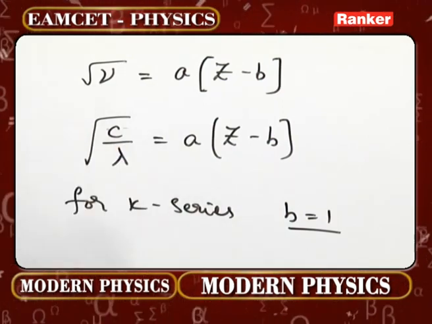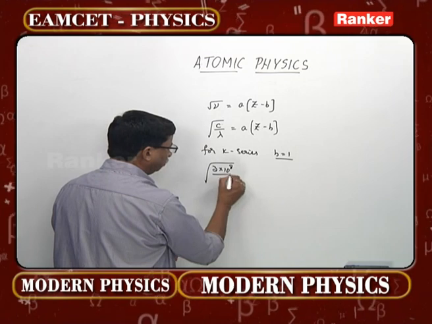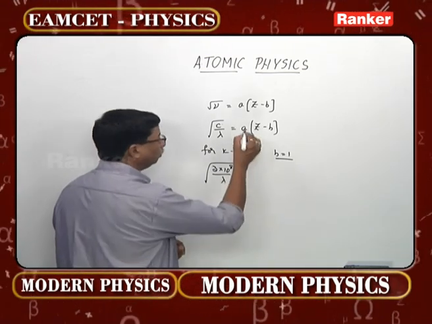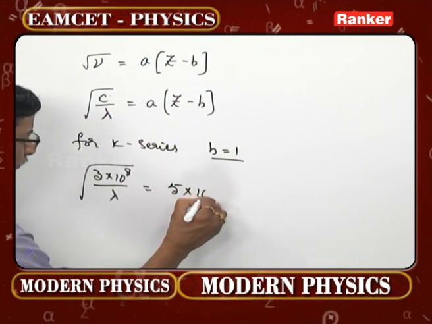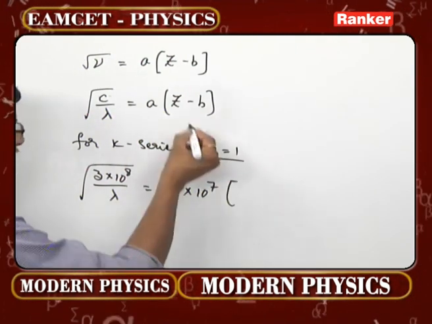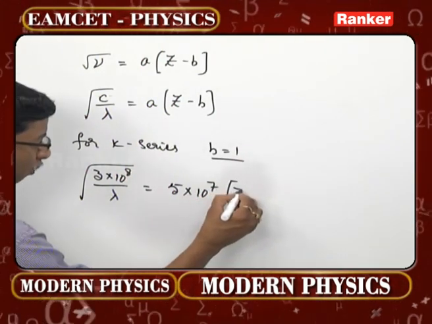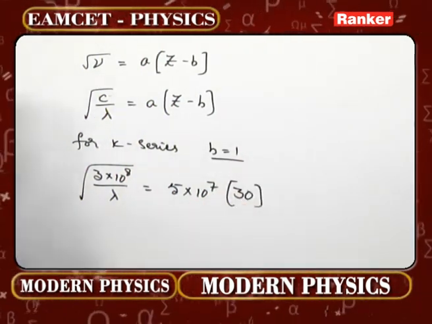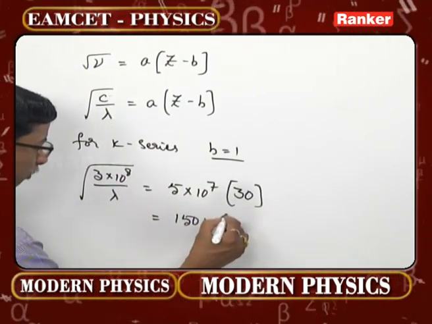So what to write now? Square root of 3 into 10 to the power 8 by lambda is equal to, A is already given, it is 5 into 10 to the power 7, into Z value is given 31 minus B value, which is known to us as 1. So now we can write that as 30. So this now becomes 150 into 10 to the power 7.